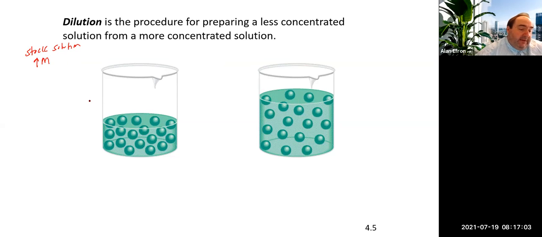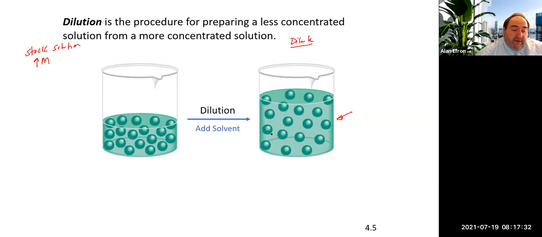And a lot of times we don't want to use them like that. We want to use them in more dilute solutions, like, for example, over here. One way that we do that is through a process called dilution, and basically we add more solvent. A lot of times that solvent is water, but it doesn't always have to be water. So we add more solvent to it, and that makes the solution more dilute.